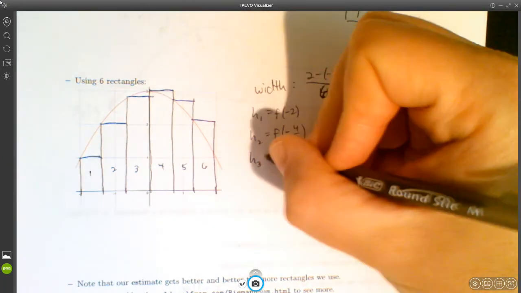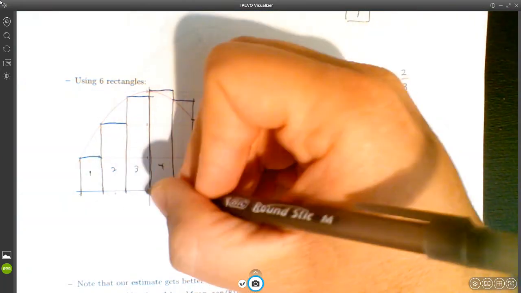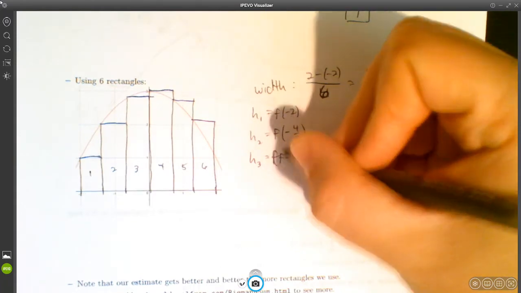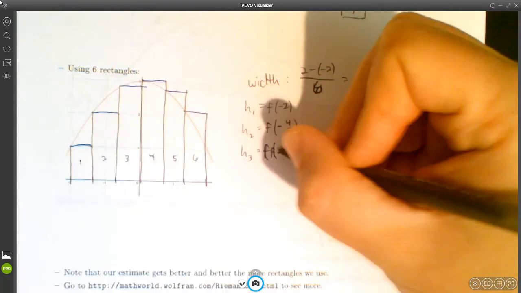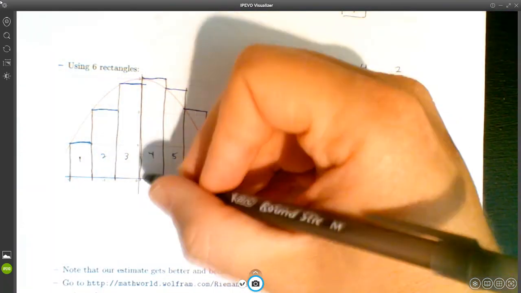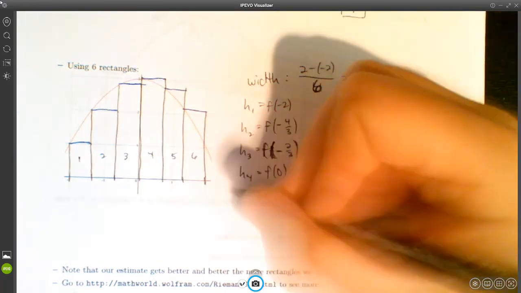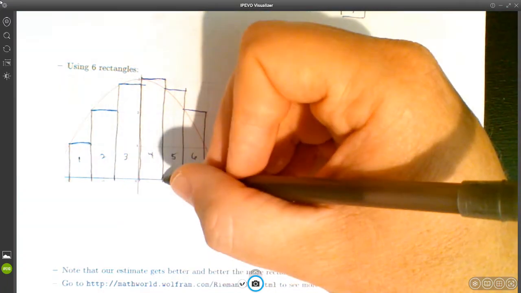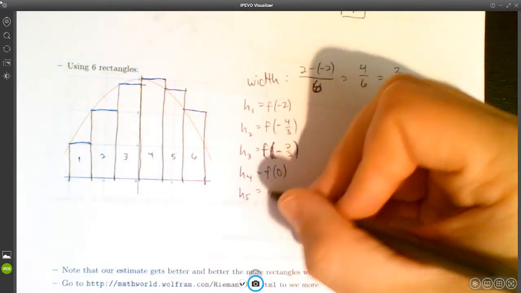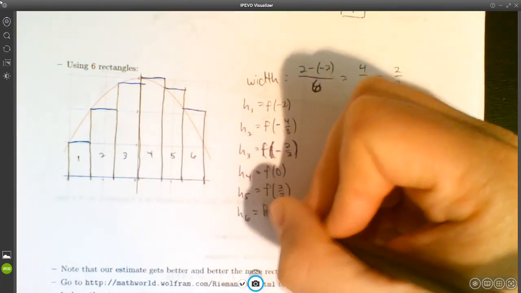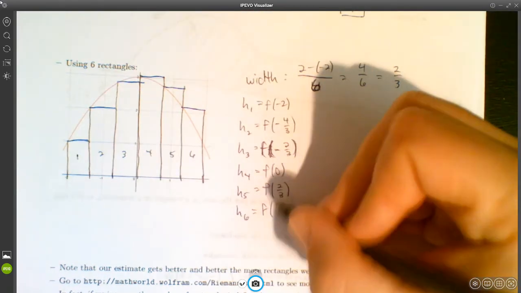Height of rectangle 3 is going to be f of -2/3. Height of rectangle 4, well, that's just f of 0. Height of rectangle 5 is f of 2/3. And then height of rectangle 6 is going to be f of 1 1/3, so that's f of 4/3.